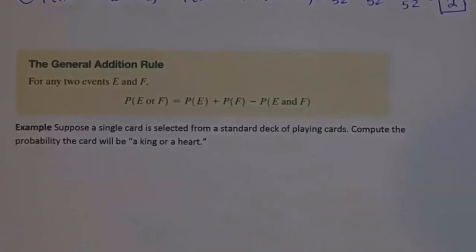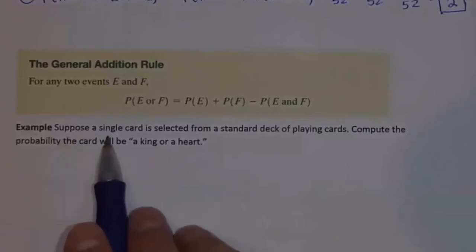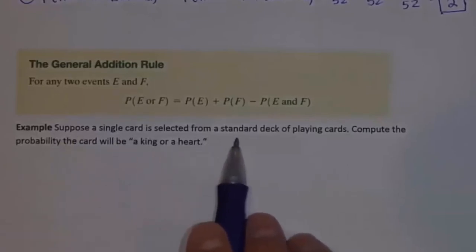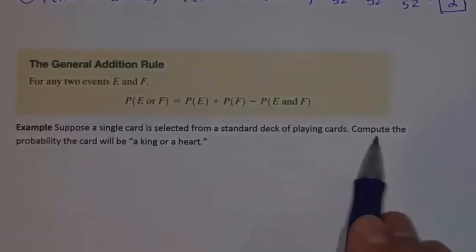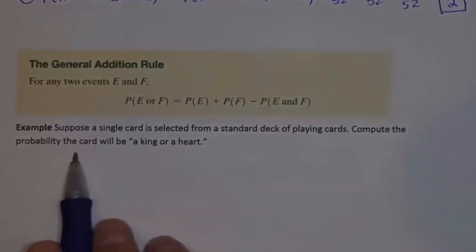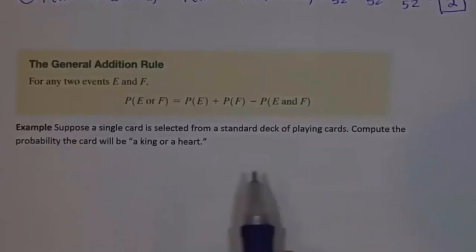So an example of that. Suppose a single card is selected from a standard deck of playing cards. Compute the probability that the card will be a king or a heart. Now again, the issue here is that kings and hearts, those two events, are not mutually exclusive.